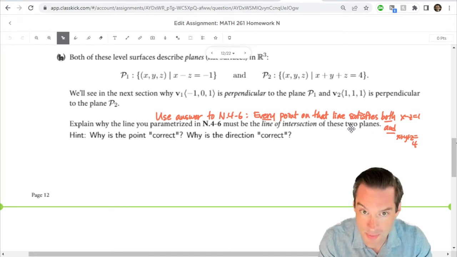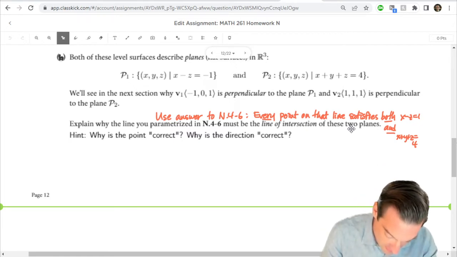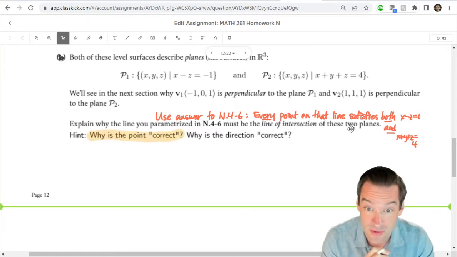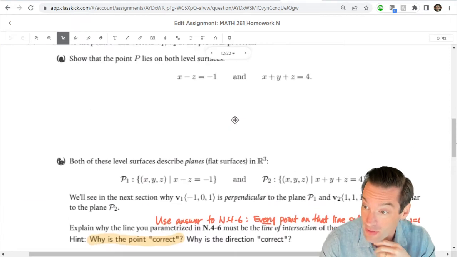The more conceptual way to address this might be to, and I think this is what I was probably intending given the hint that I provided here, the point P you showed in part A here belongs to both of these 2 planes.